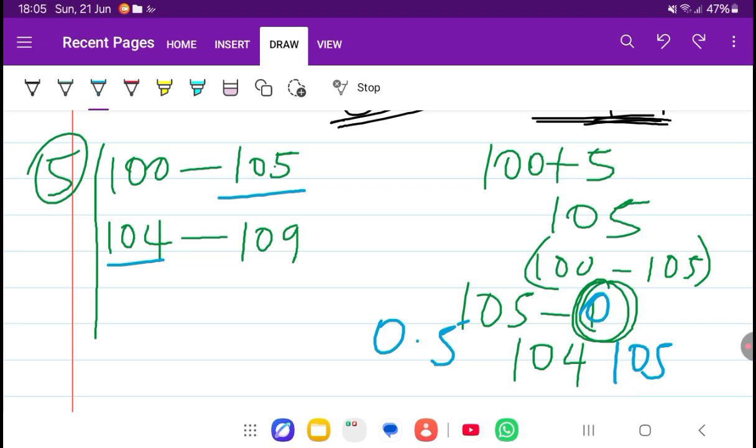So the implication here, if you move from here, someone may say, if I take 104 minus 100, I'm getting 4. It's not true, because this 100 is inclusive as well.